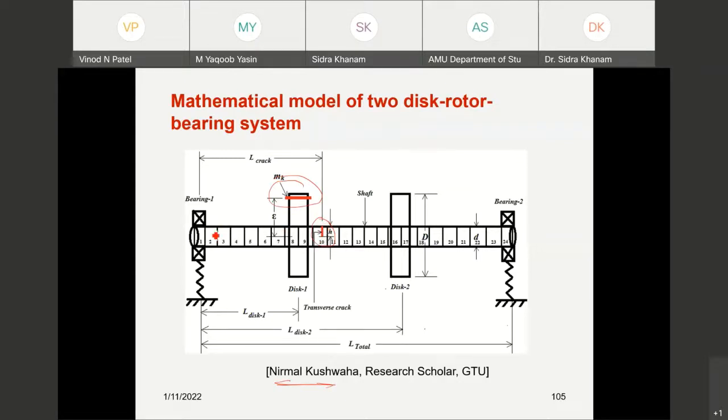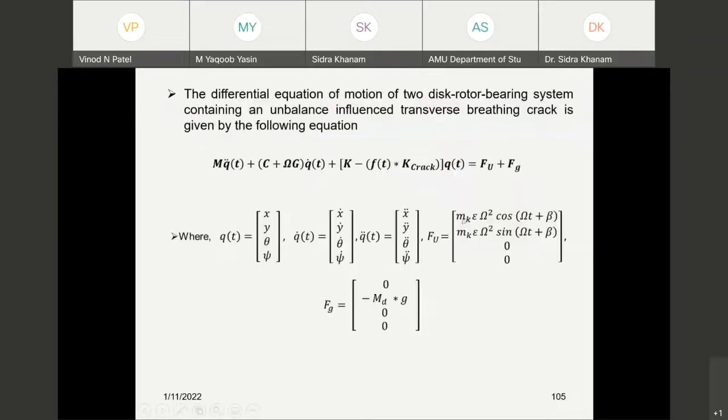It can be at any element over here, it can be nearer to the bearing, near this particular rotor, or in the middle of the shaft. So this particular model which has been derived includes the mass matrix, damping coefficients and stiffnesses. The gyroscopic effect has also been considered.